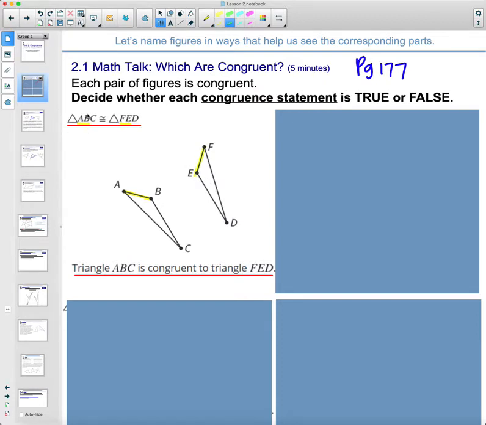Then I'm going to do BC and ED, second and third letters. And then A to C, so first and last, and F to D. Oh, what did I do? I did it wrong. Hang on.